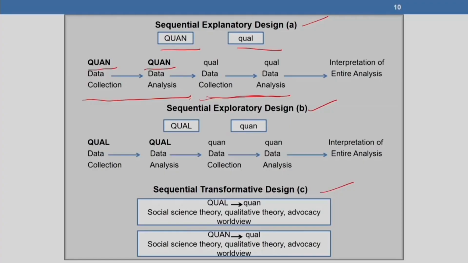So, this is what is called the sequential explanatory design. Now, one of the strengths of this kind of study is that it can give a holistic picture of what we are trying to portray through our research question.